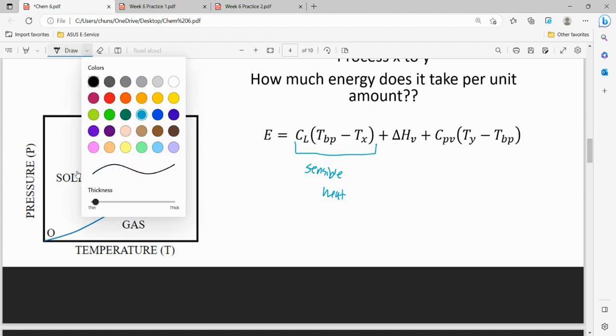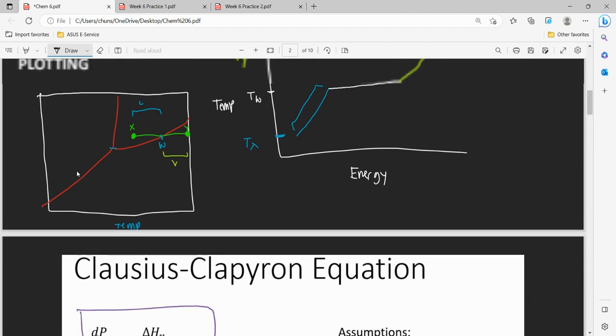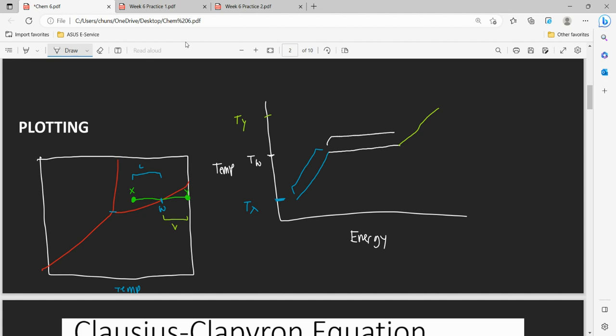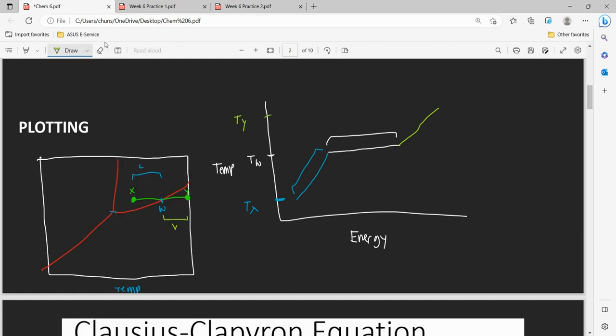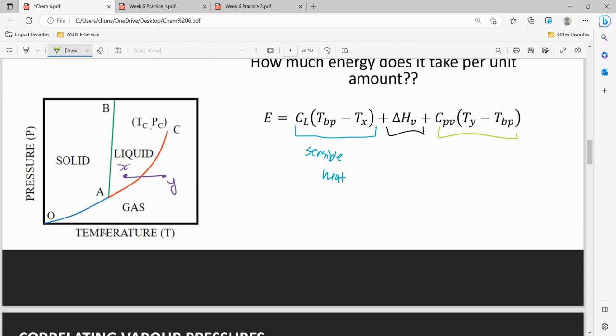And then this tie line here represents our latent heat of vaporization in this flat section here, because there's no change in temperature, but there is a change in phase, so we need to include that. And then we have this final phase here for our vapor, and that is a sensible heat process. Right, this is latent.